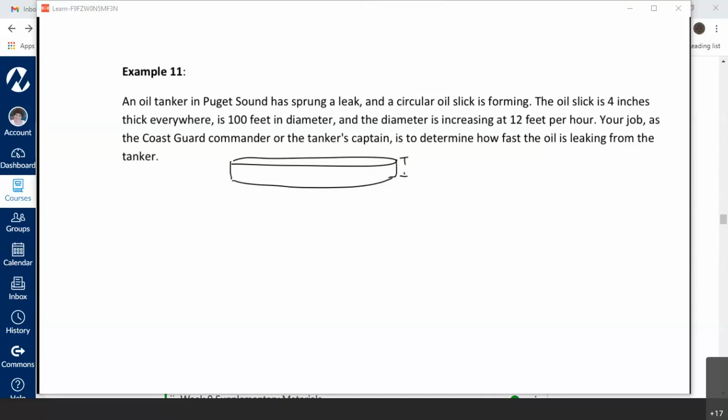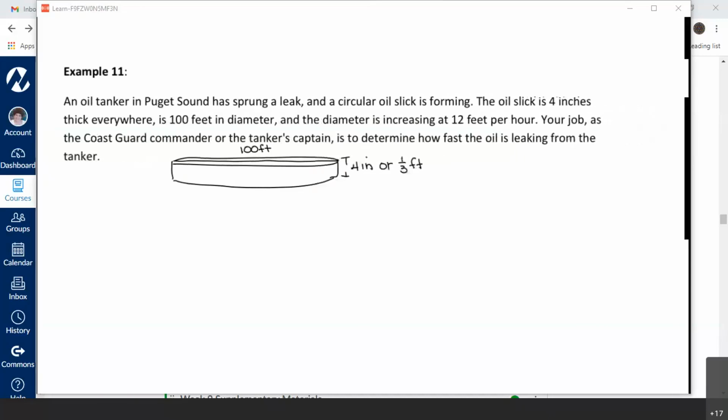Okay, this part is 4 inches, or 1/3 of a foot. How do I know that? 12 inches in a foot, 4/12 is 1/3. Okay. It's 100 feet in diameter. So this is 100 feet.